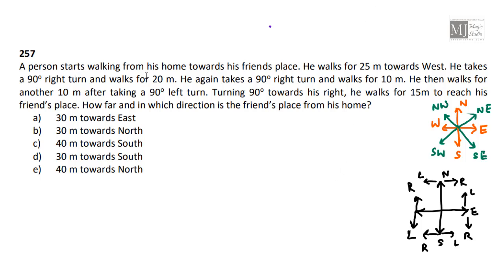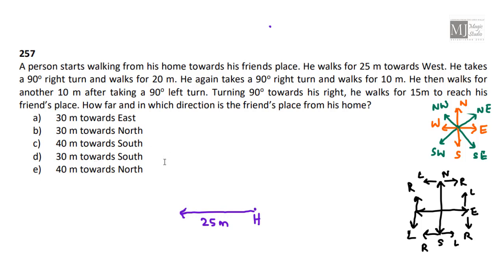A person starts walking from his home towards his friend's place. He walks for 25 meters towards west. He takes a 90-degree turn and walks for 20 meters.